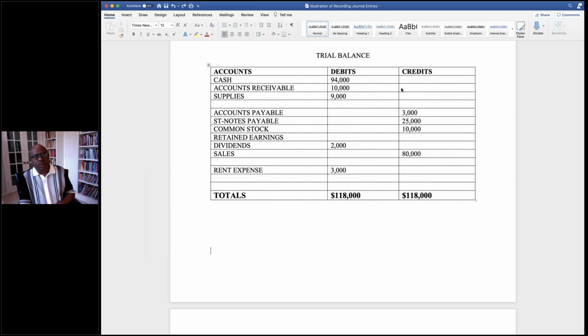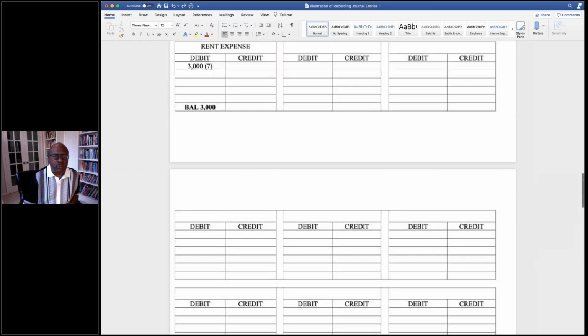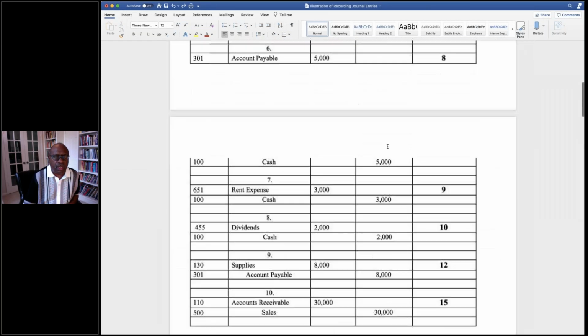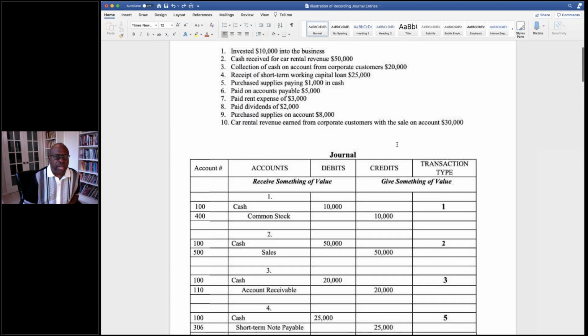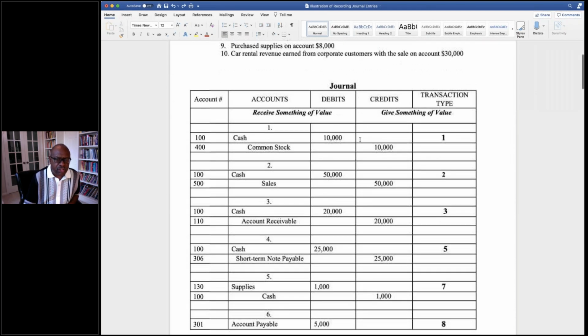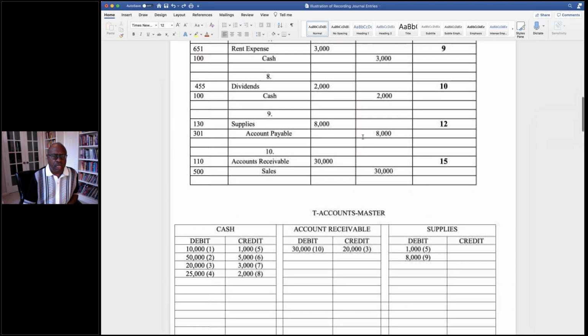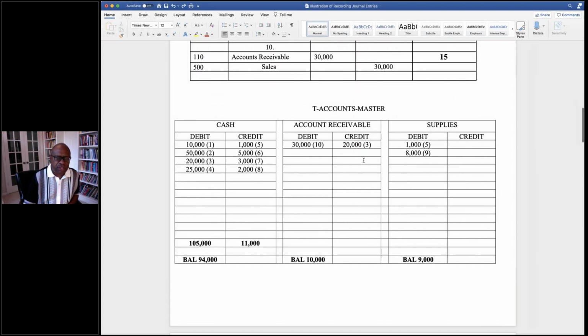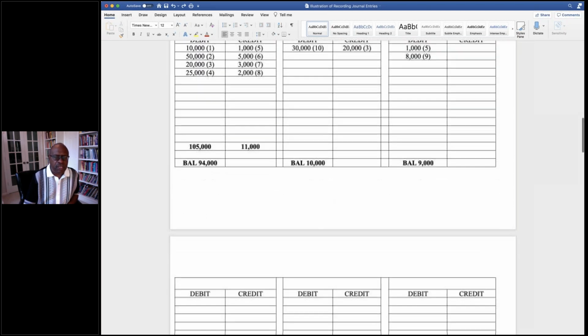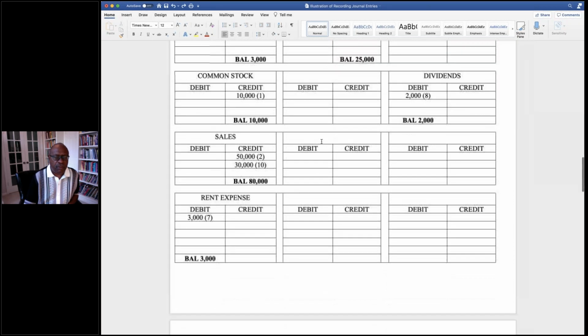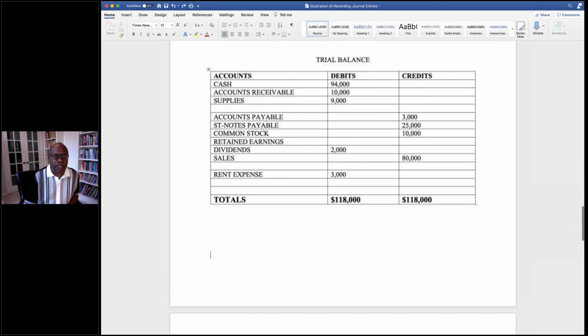So if you remember, we made our journal entries, we posted them to the ledger so we could see how much was in each account, and then we prepared a trial balance to make sure our accounts were in balance.